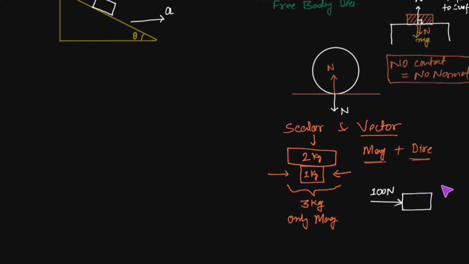But if you apply a force of 100 Newton from this side as well, the block would remain stationary. The net force would become zero. So application of your forces goes waste. So in force, direction matters. It is not like 100 Newton and 100 Newton, so the total force or net force on this object is 200 Newton. No, it is zero here. So that is why force is a vector quantity.